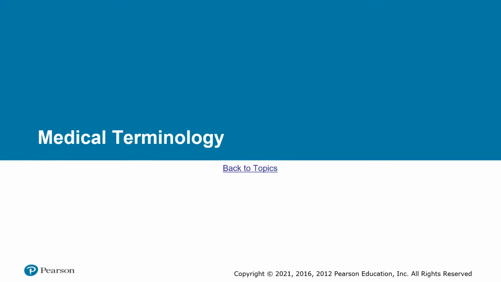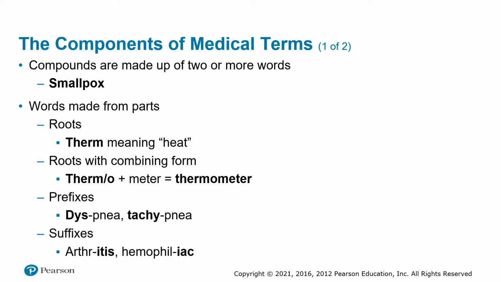So we're going to talk about medical terminology and the components of medical terms. Compounds are made up of two or more words, so small and pox would be a compound word. Words made from parts include roots, roots with combining forms, prefixes, and suffixes.